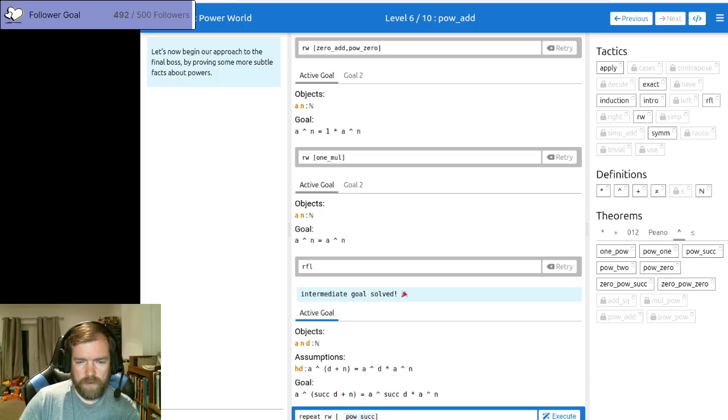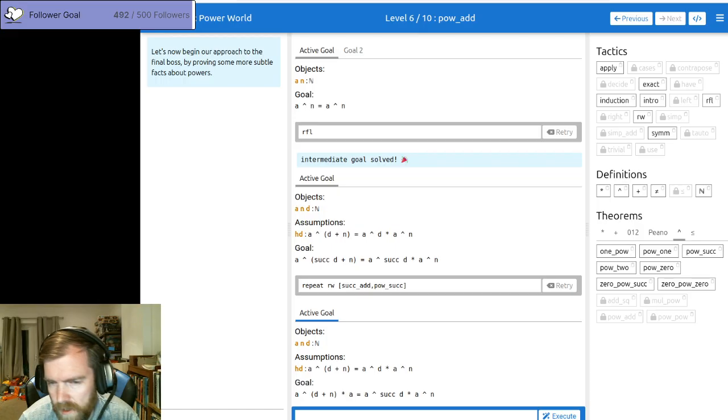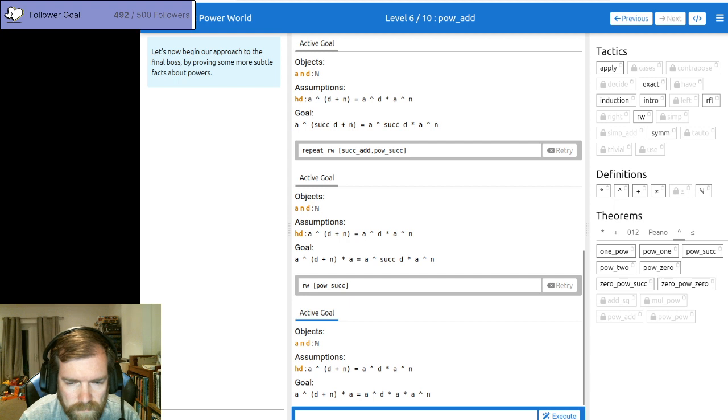Not gonna undo what I did. So this is going to be successor add and power successor. We're just going to repeat both of those until it's happy. It still didn't break up successor of d, which is weird. So rewrite pow successor yet again. Okay.